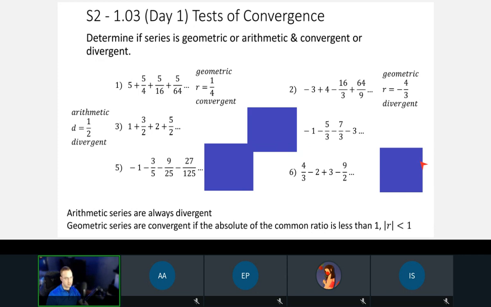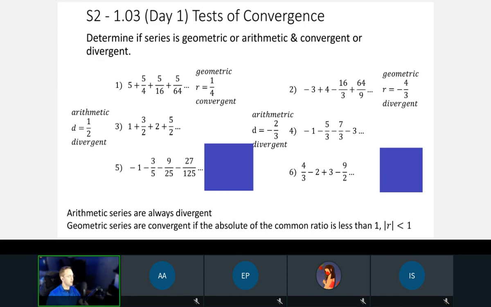Looks like we're adding negative 2/3 every single time. Yeah, I would agree with that. So it is arithmetic, because you're adding negative 2/3 every single time. And it's divergent because they're all divergent if it's arithmetic.